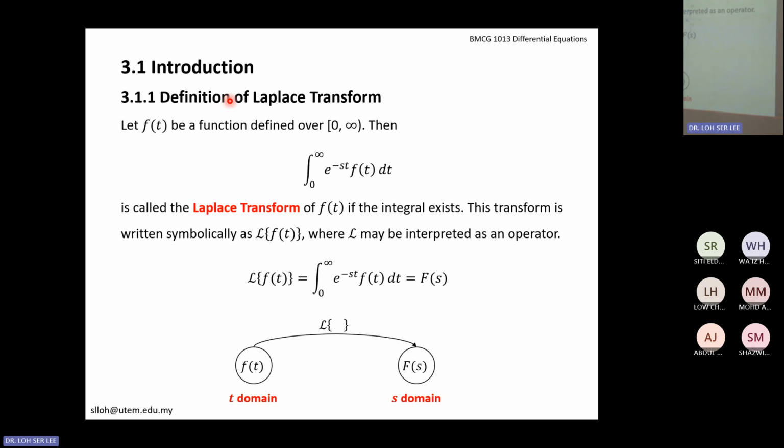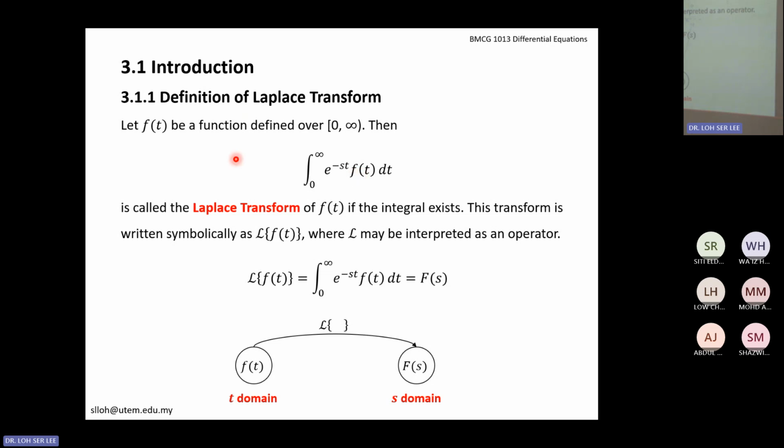Okay, now we look at the definition of Laplace transform. f(t) is a function defined from 0 up to infinity, so we are integrating from 0 up to infinity for this function.